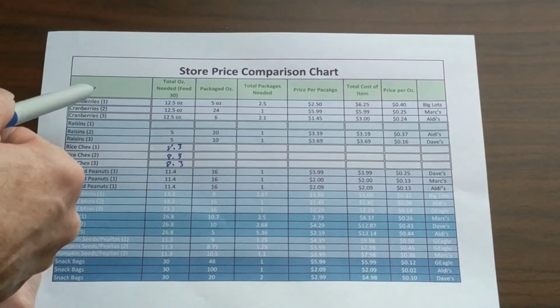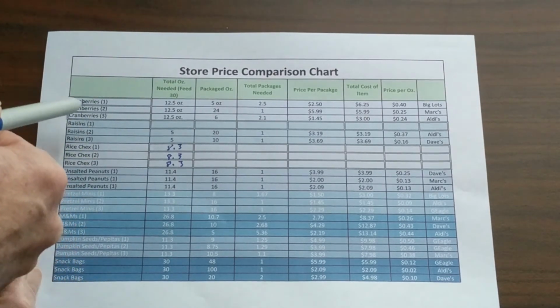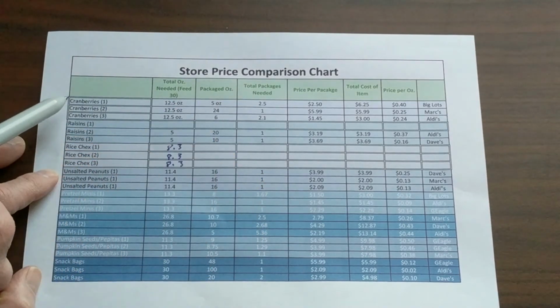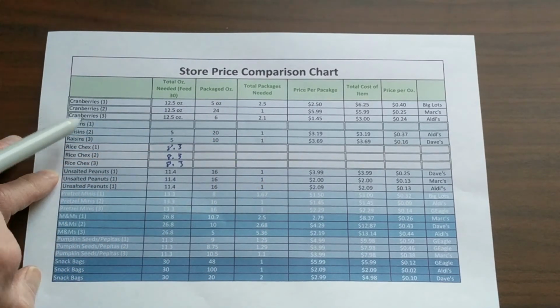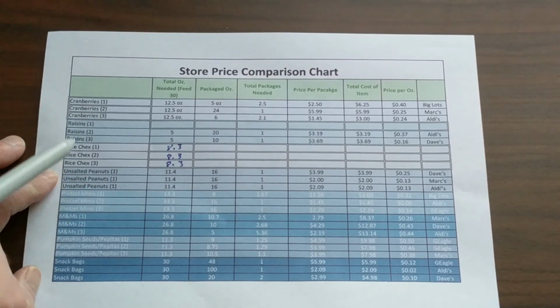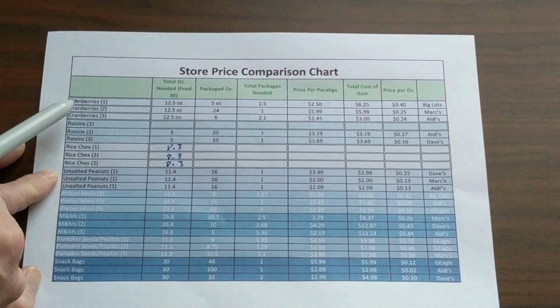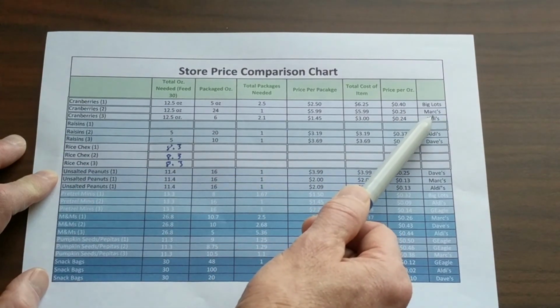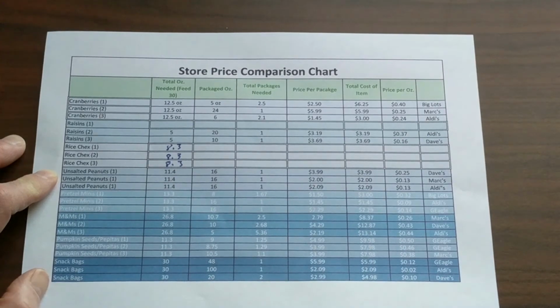So down this side we have a number of ingredients. So each row is a different ingredient, and notice that there's 3 of each ingredient down here, and that's because this is information from different stores. So over on this side, it shows the stores where these were the prices from.